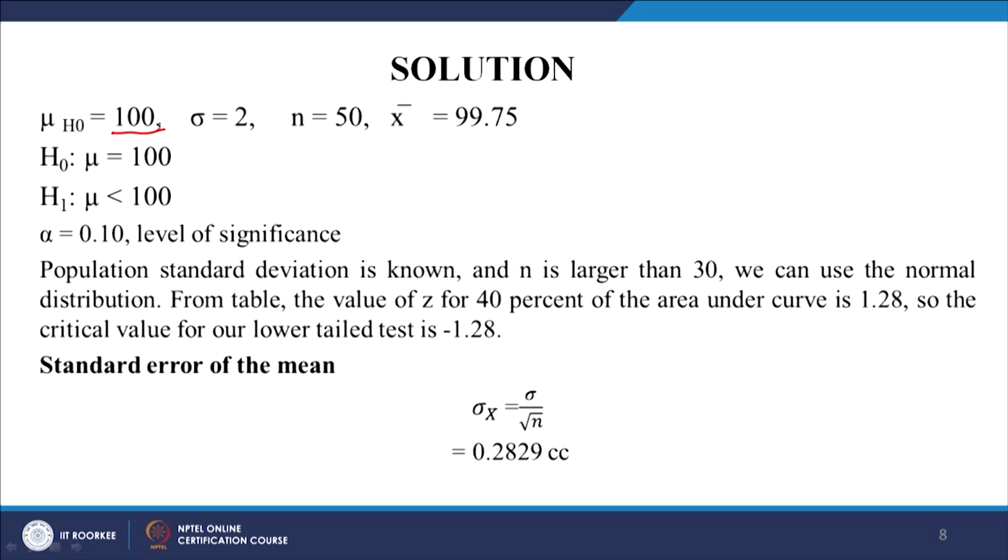So, in this case your mu, the hypothesized mean, is equal to 100, standard deviation is 2, n is equal to 50 sample size, and the sample mean is 99.75. Now, what is the hypothesis? Mu is equal to 100. What is of interest to us is mu is less than 100.